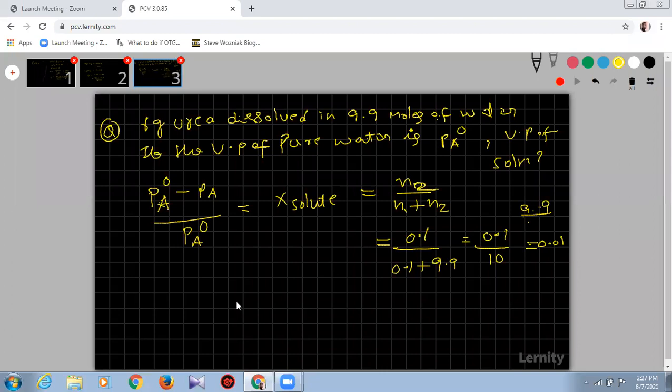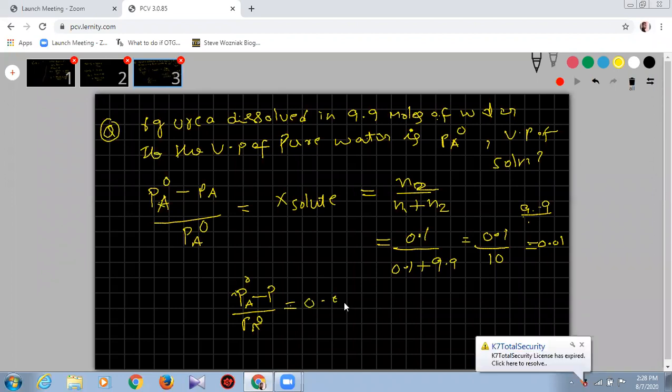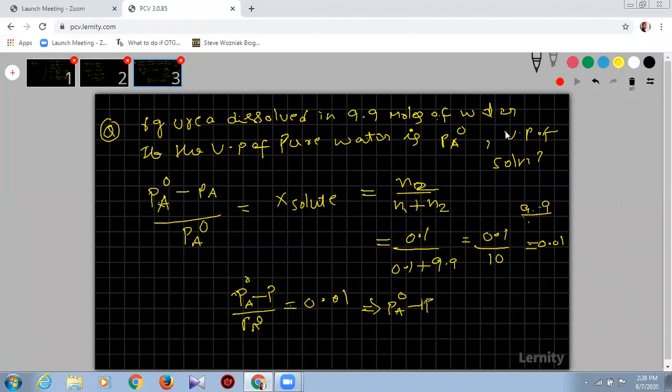So PA naught minus PA by PA naught is equal to 0.01. That is, PA naught minus PA is equal to 0.01 PA naught, which is the lowering of vapor pressure.